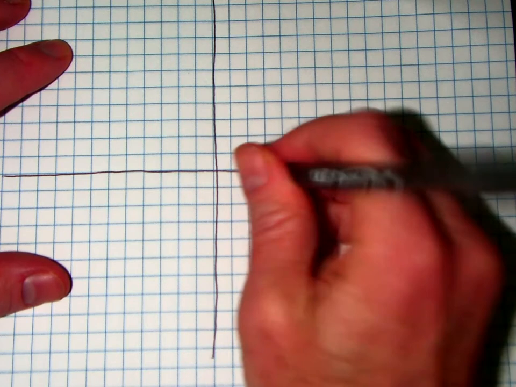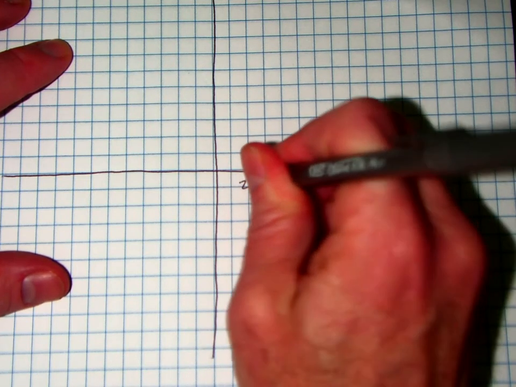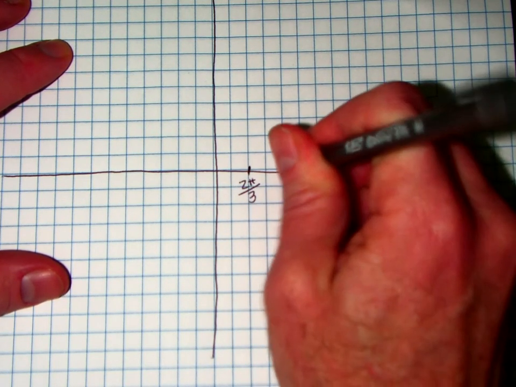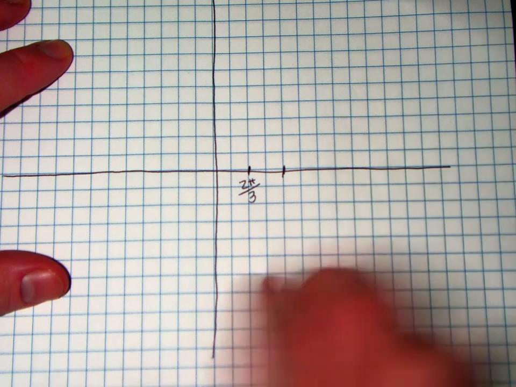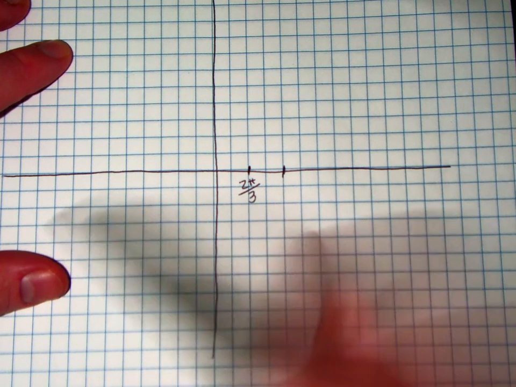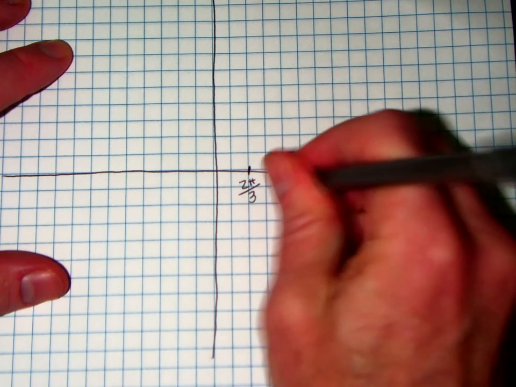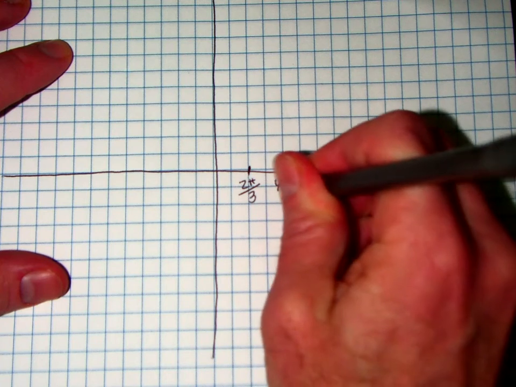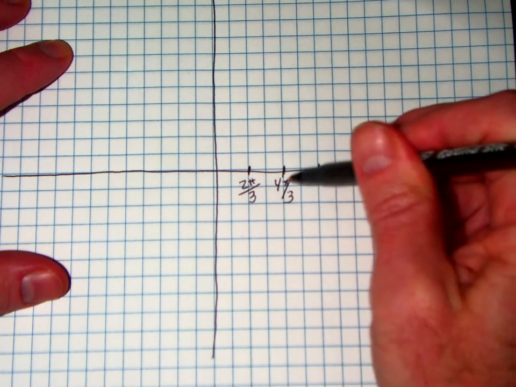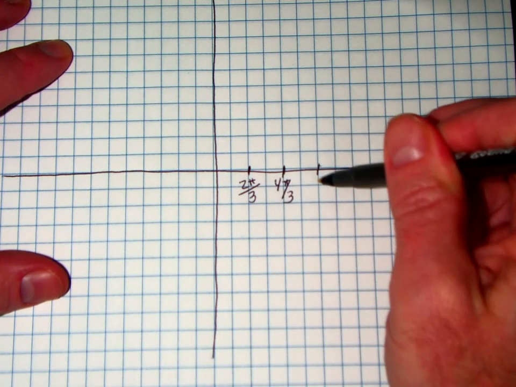So 2 pi over 3, my first line. So think to yourself for just a second, what would the next line be? If I'm adding 2 pi over 3 each time, 2 pi over 3 and another 2 pi over 3 would be 4 pi over 3. Do the same thing, add another 2 pi over 3, so that's 6 pi over 3.